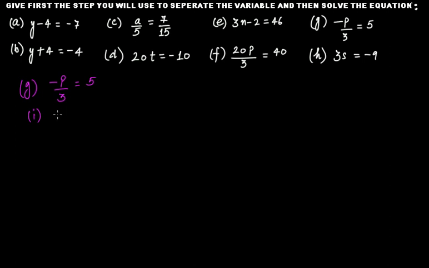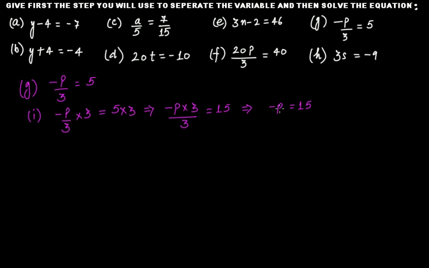This will be minus p divided by 3 and multiplied with 3. This will be equal to 5 times 3, right? And this will give you minus p times 3 divided by 3, 15, and this will be minus p is equal to 15.